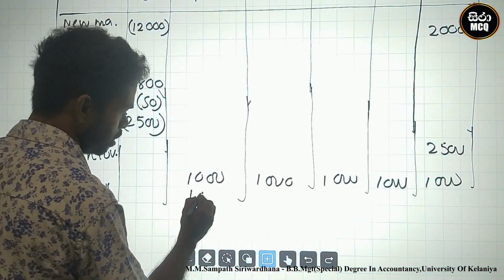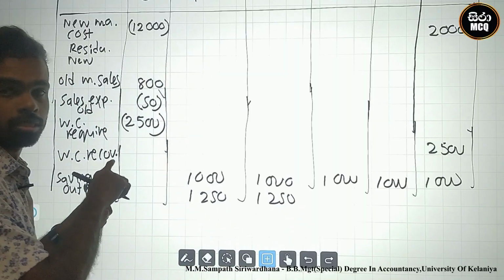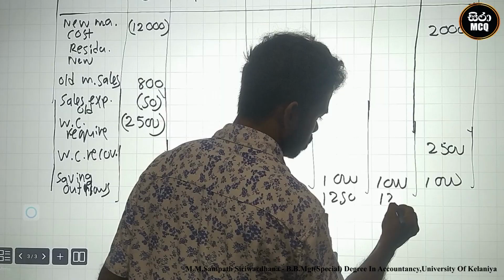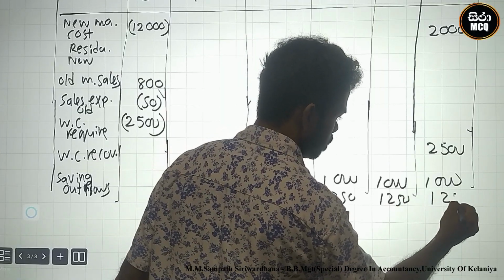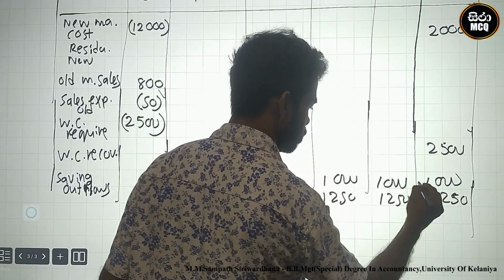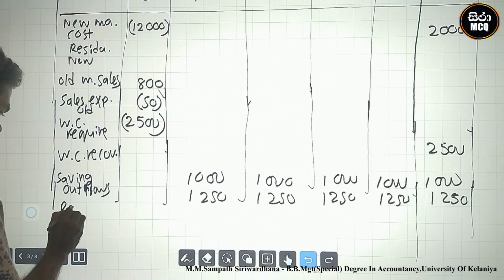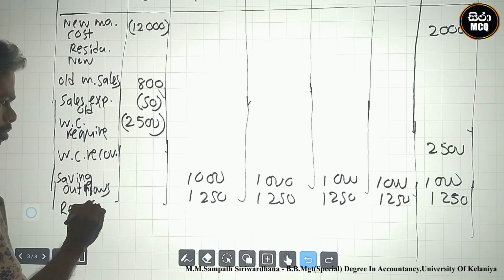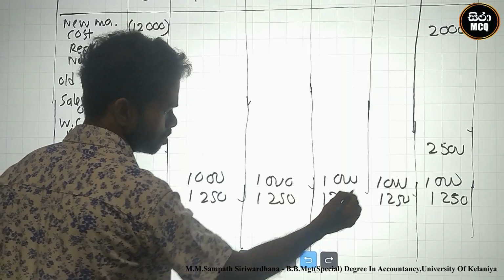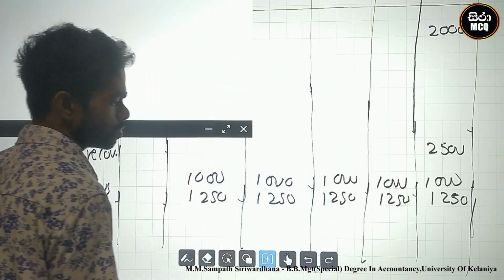Therefore 1250 is for all years without the 0 year, including this year, including last year. Okay, this is the revenue. This is the answer.